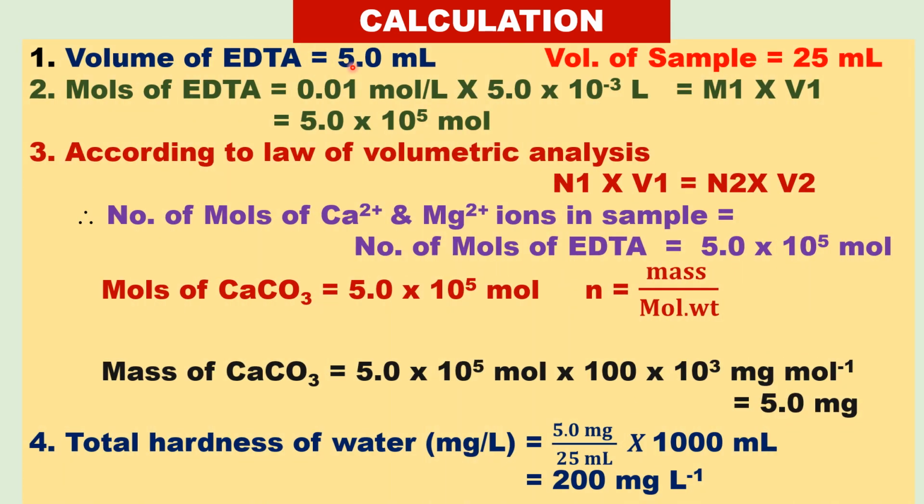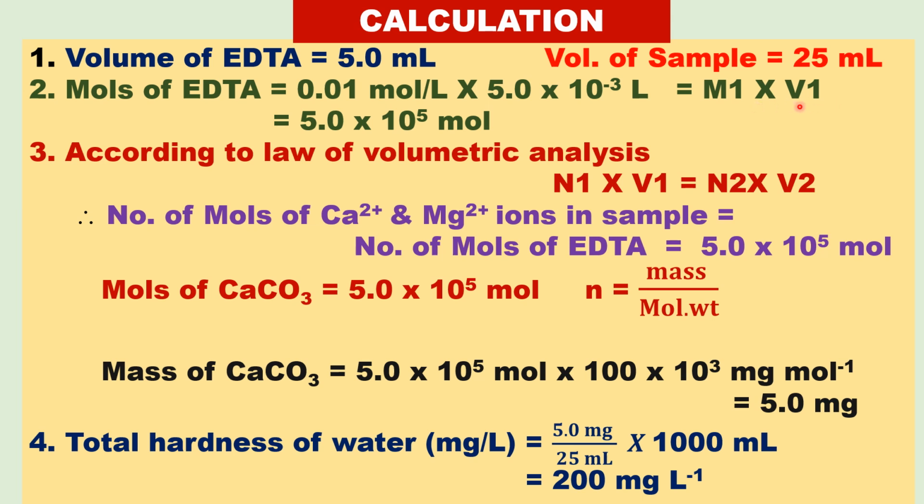Volume of EDTA consumed equals 5.0 ml. Volume of sample we have taken in the conical flask equals 25 ml. So the number of moles of EDTA equals M1 into V1.